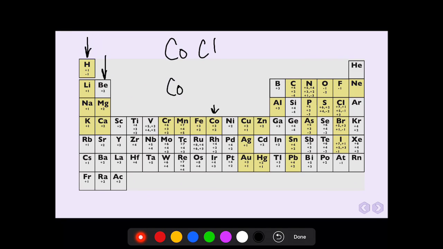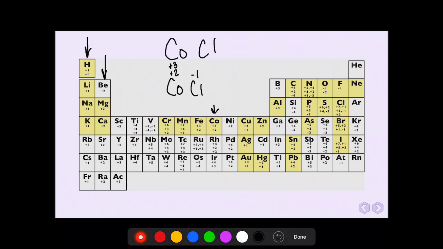I do know chlorine has to be -1. The way I know chlorine has to be -1 is because it's more electronegative than cobalt. The nonmetals, all the stuff on this side, are more electronegative than all of the metals. Okay, got to remember that. So possibly I could put a 2 here, or I could put a 3 here, which is actually kind of fascinating.